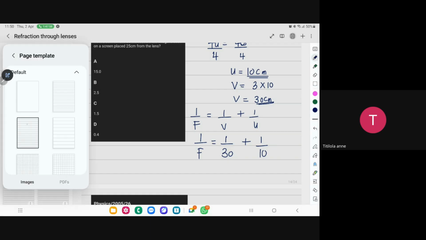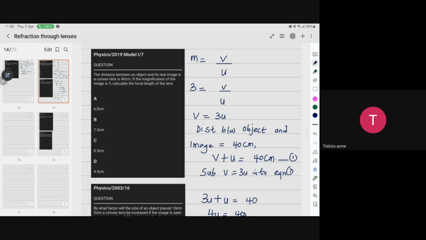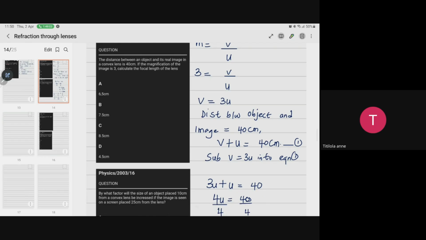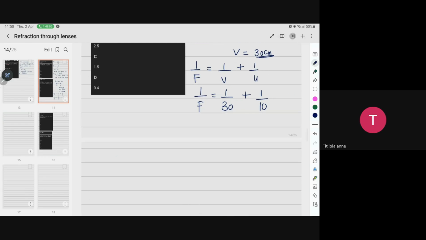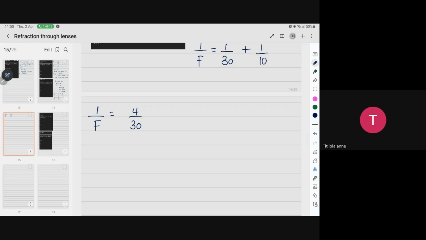If we divide by 2, that gives us 2 over 15, so 1 over f is equal to 2 over 15.